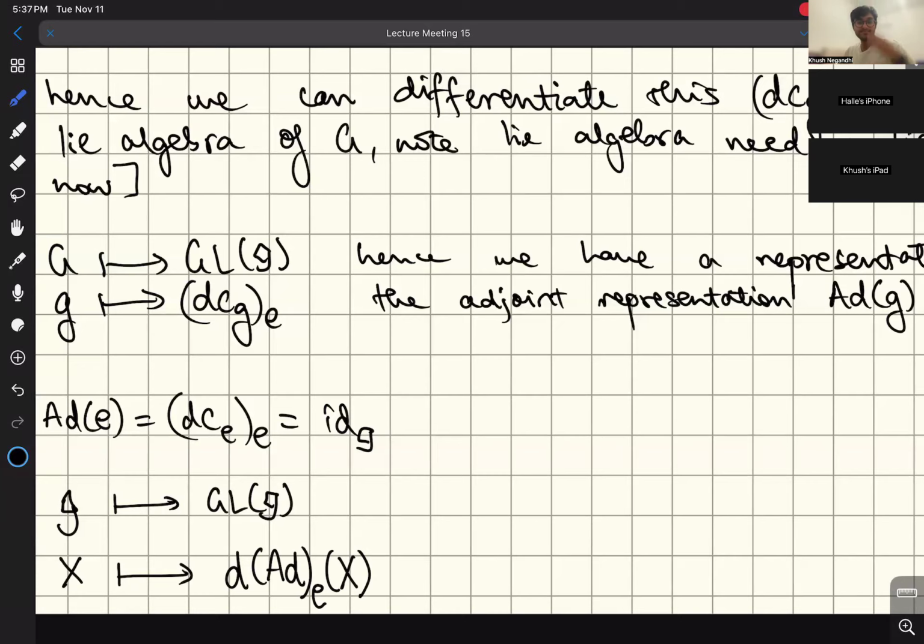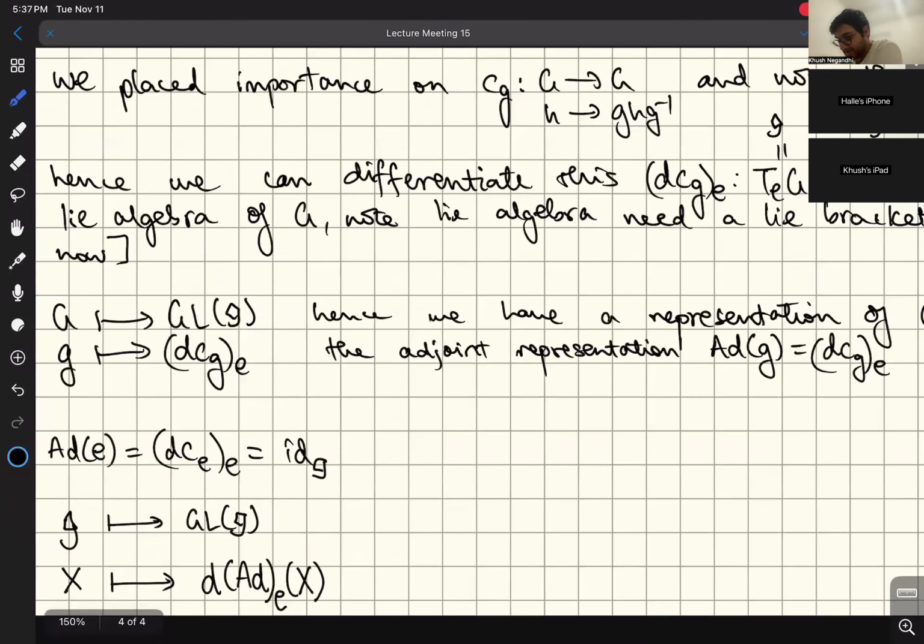Okay. So let's see if this definition makes sense. We know that this Lie group over here is the same Lie group as the general linear group in R^n, where n is the dimension of the manifold.